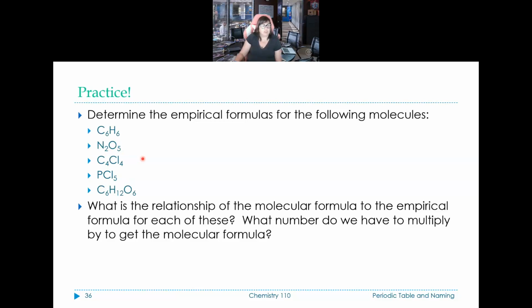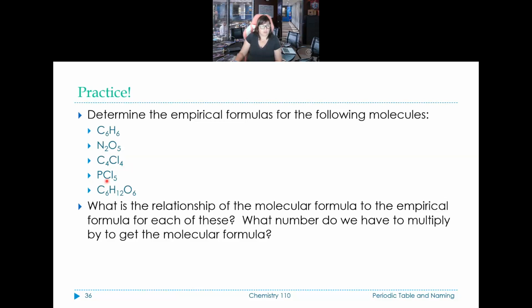All right? C4Cl4, both of those have a 4 component, so I can divide by 4, and I get CCl. That's my empirical formula for this. My molecular formula being C4Cl4. My empirical formula being CCl.